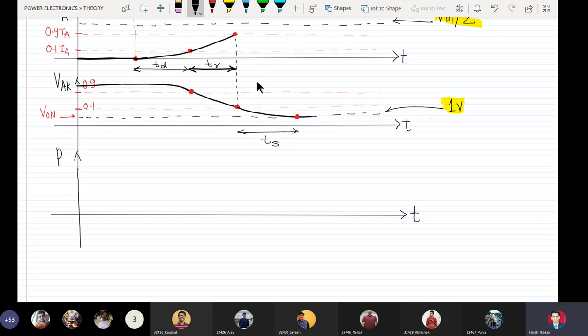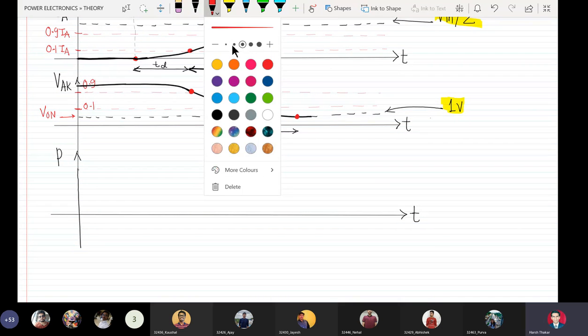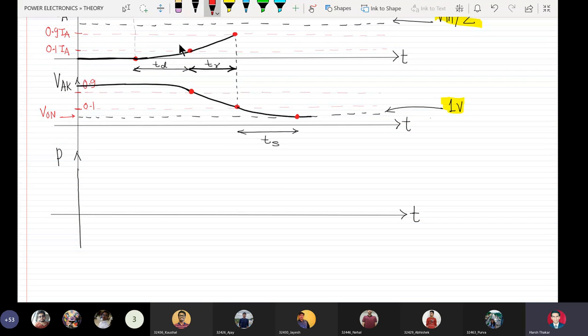Spread time TS. So we need to denote it. So this is 0.1 IA, 0.9 IA.